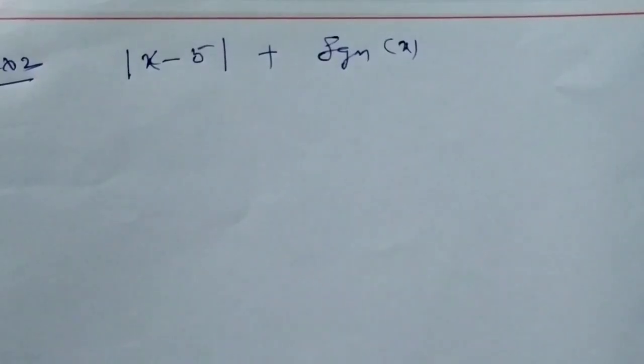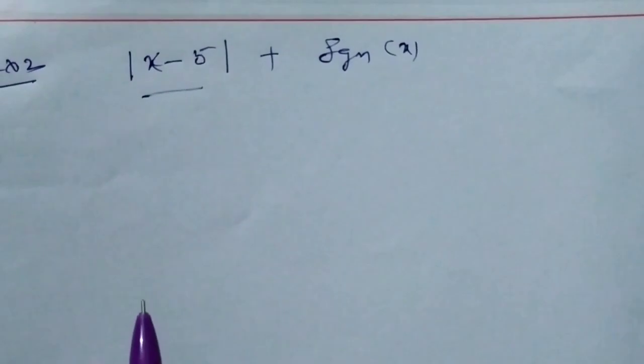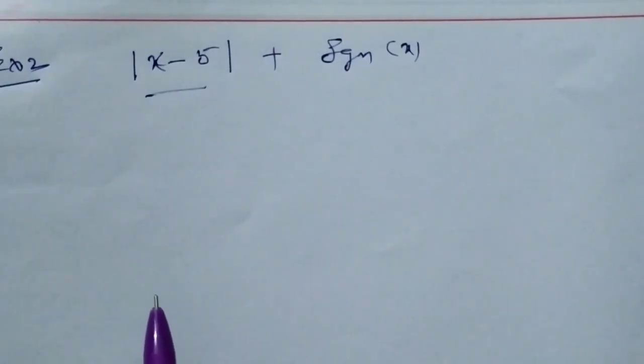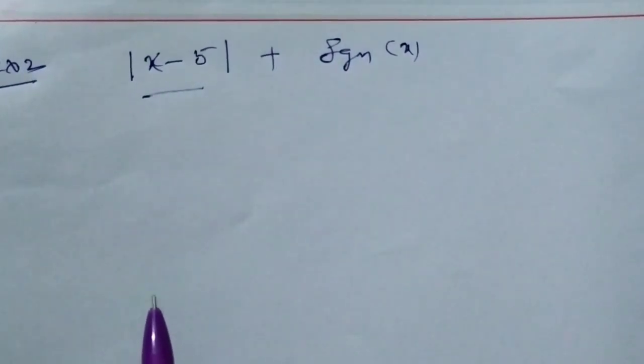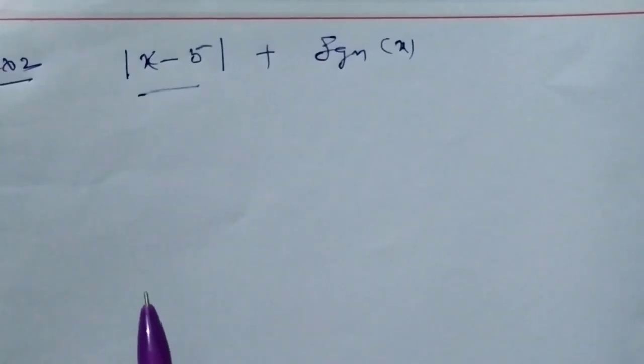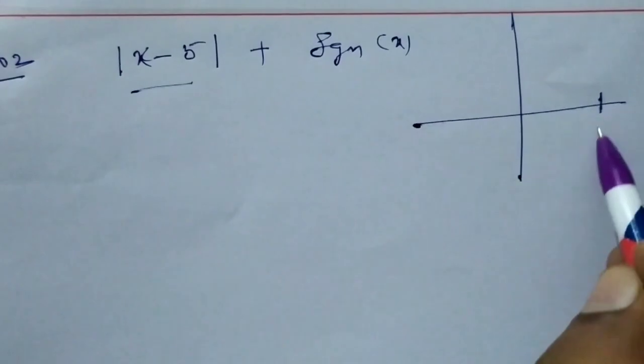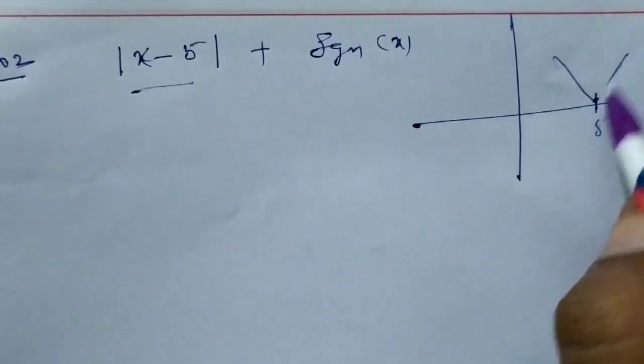See this example, modulus of x minus 5 plus signum of x. This is in the form of f of x plus g of x. We know that the graph of modulus of x minus 5 at x is equal to 5 is a V-shaped curve.